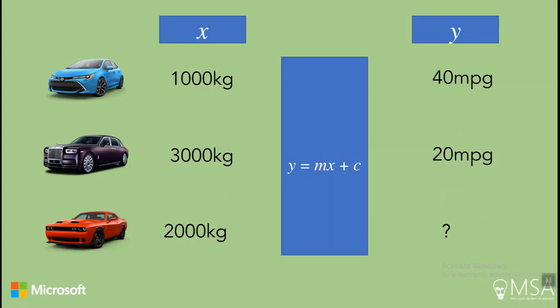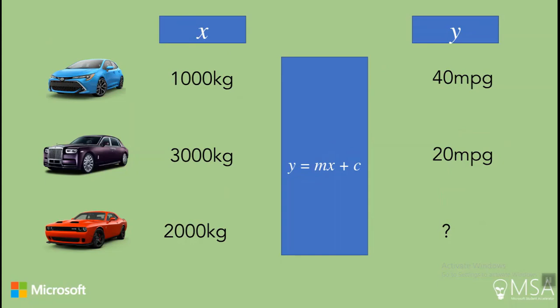In this case, what machine learning is basically trying to do is find the m and the c in this data set. So linear regression is trying to find the m and the c. And just a reminder for anyone that's forgotten this equation, m is the gradient and c is the intercept on the y-axis. m is the rise over run, the slope of the graph.